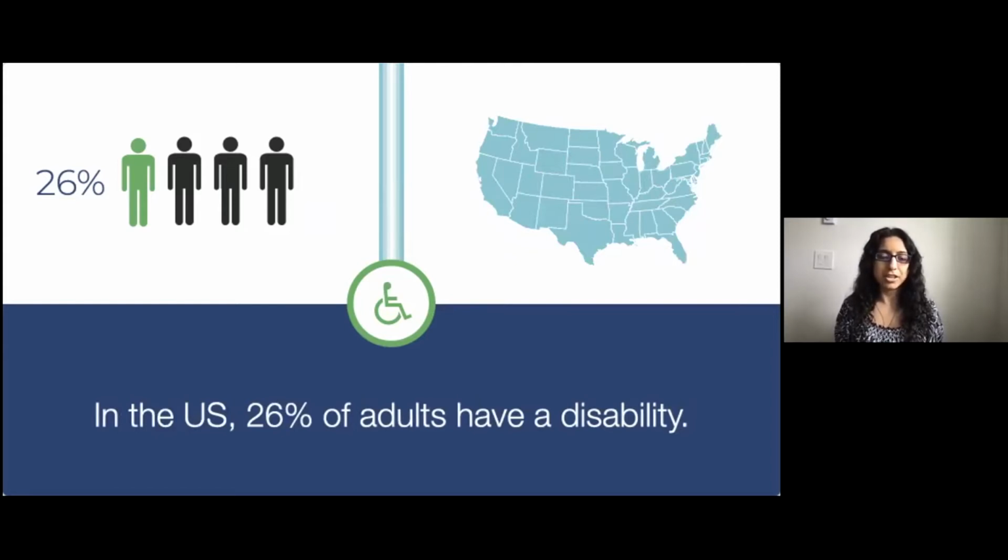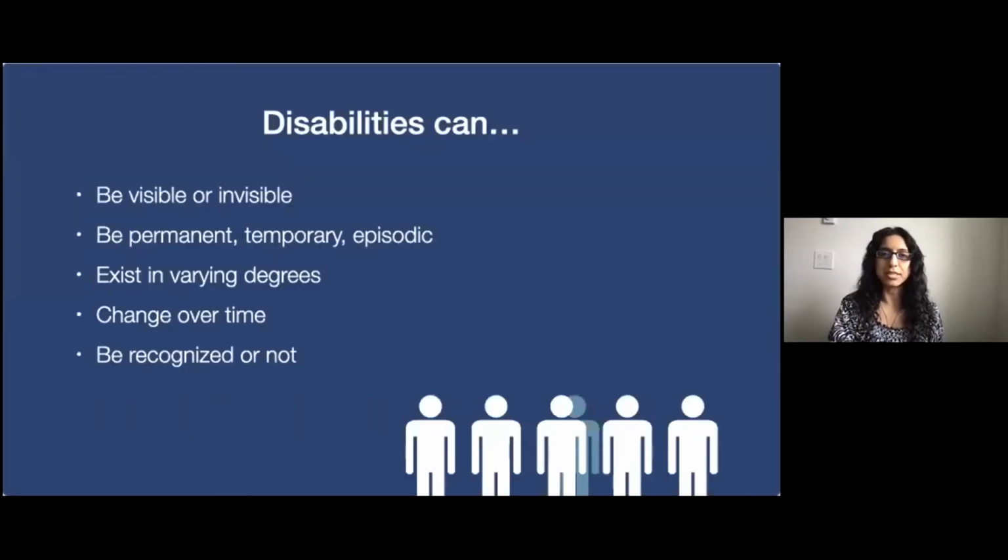You might find this surprising, but consider that people with disabilities may have invisible disabilities. You might actually know people who live with a disability that you don't know about, and you wouldn't know unless they told you. Also, disabilities can be permanent, temporary, or episodic, they can exist on a spectrum, and they can change over time.